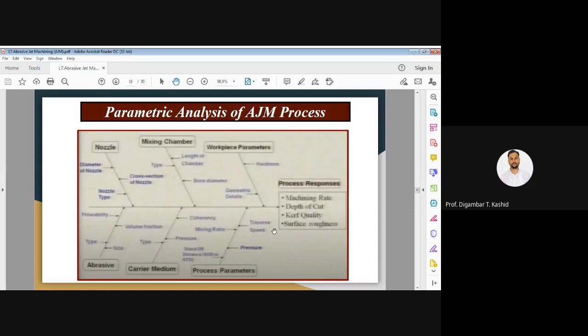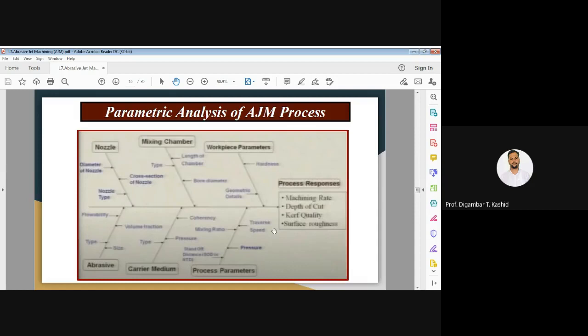Then what is the SOD, that is, stand-up distance? We have already seen it in the working principle. SOD and NTD are the same, and this is a very important process parameter that will decide the shape and size of the cavity that we want on the workpiece.